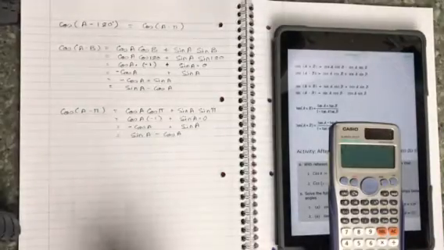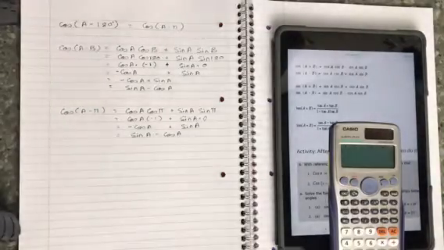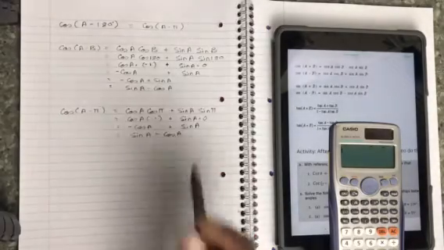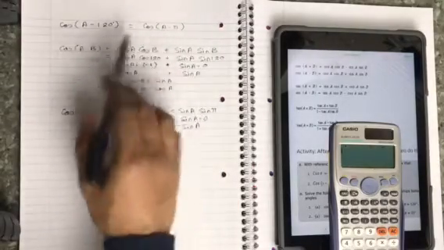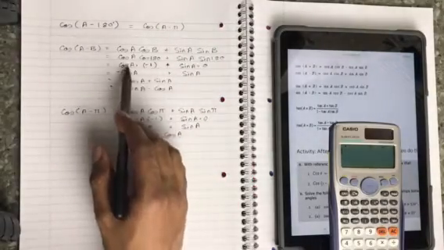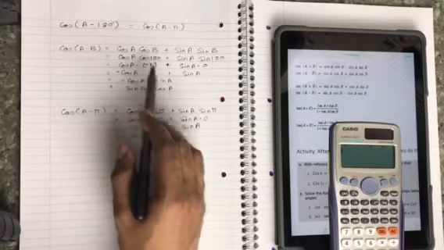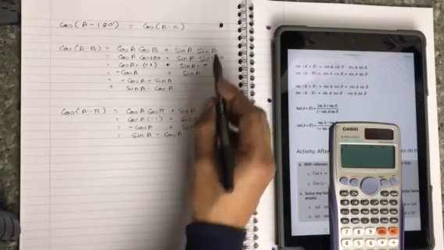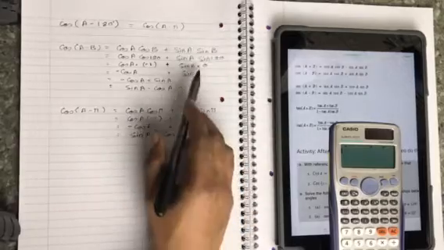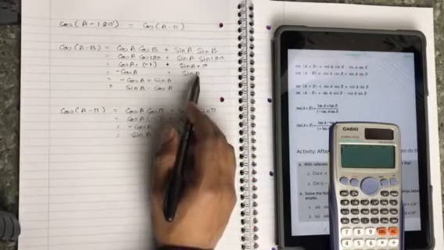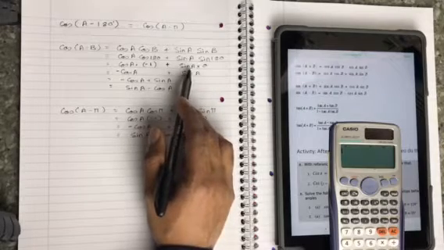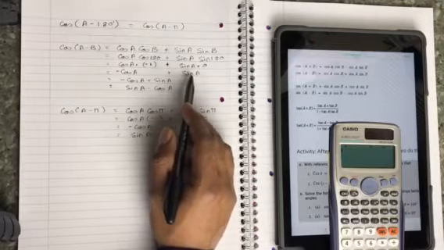Once you've finished your work, it is good practice to verify all of the steps you have done, so I'm going to check my work now. Cos a cos b, sin a sin b, use the formula, that should be alright. Cos a times minus 1 is minus cos a, sin a times 0 is sin a. Mistake. I have made a mistake here: sin a times 0 I have marked as sin a.